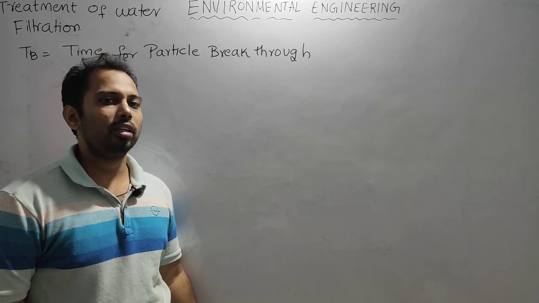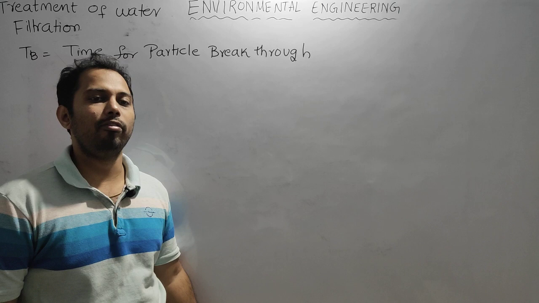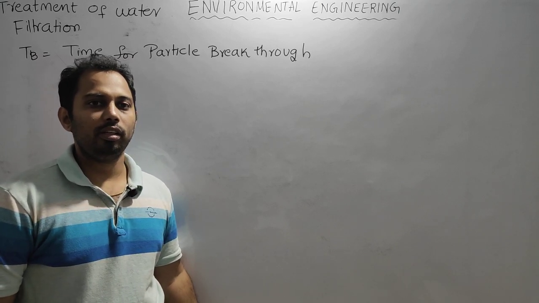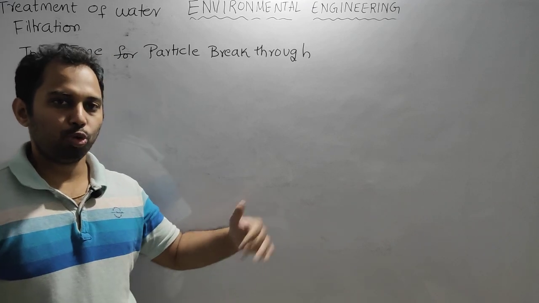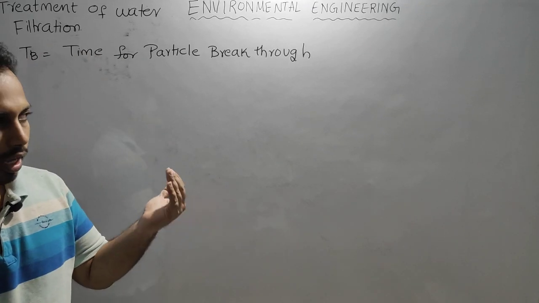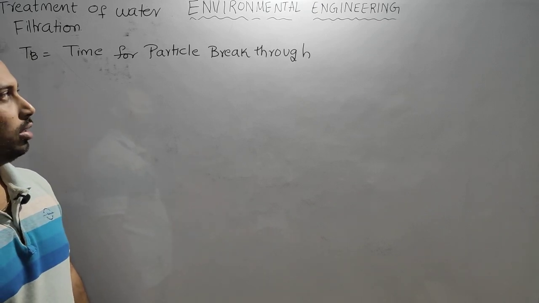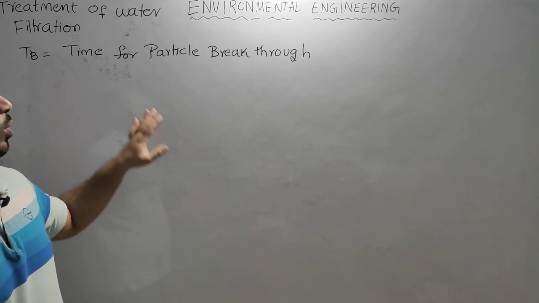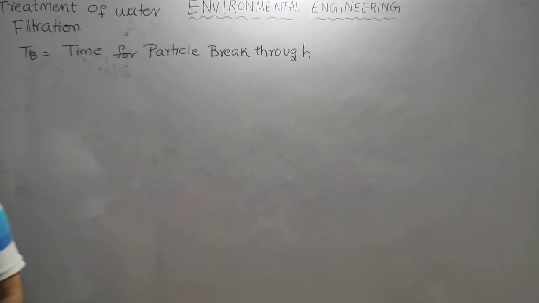If the particles are breaking through the filter media and reaching the effluent outflow, then the particles are no more removed in the filter media. The particle is breaking through and again entering into the effluent. That means the filter media is no more filtering the water. So what is meant by time of breakthrough?